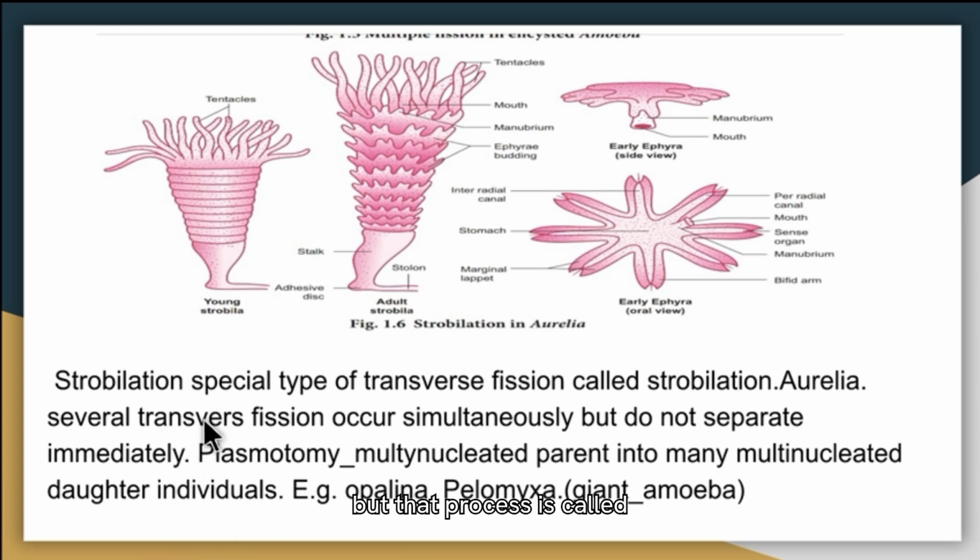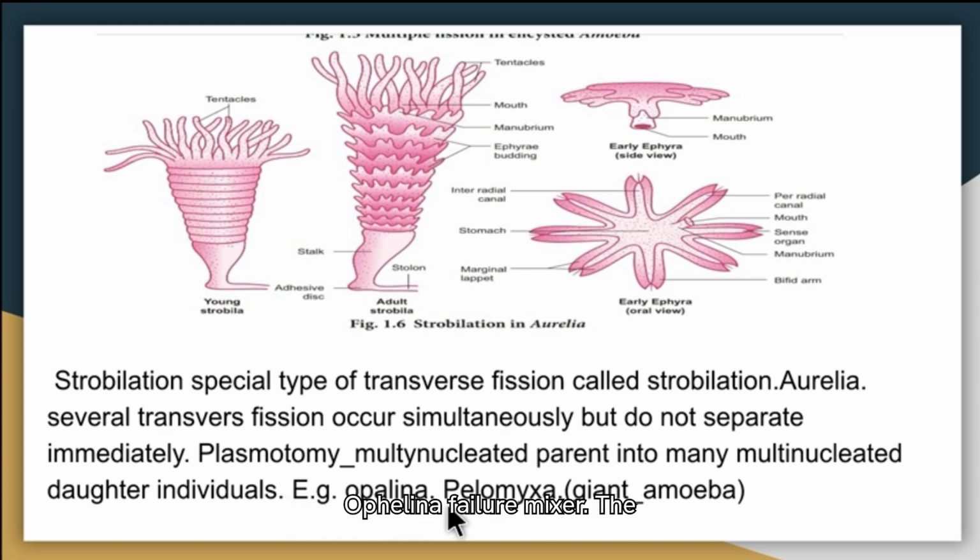That process is called plasmotomy. In plasmotomy, the multinucleated parent, please observe in these regions, a lot of nuclei are present in every region, divides into many multinucleated daughter individuals.